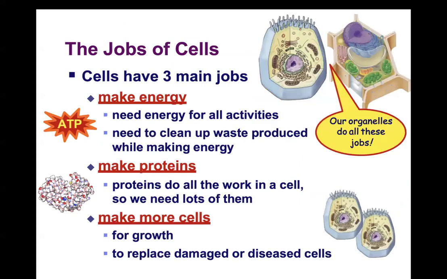If we group all those things into three main groups or main jobs, we would say that cells need to make energy, they need to make proteins, and they need to be able to make more cells.